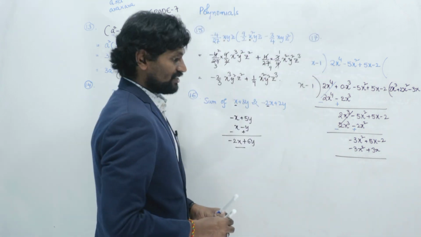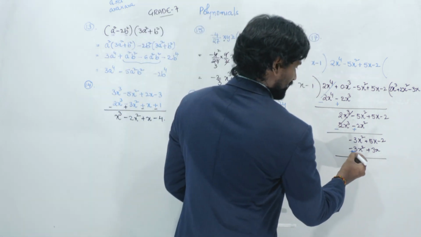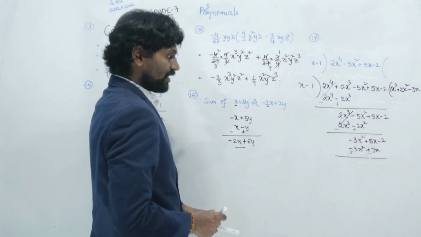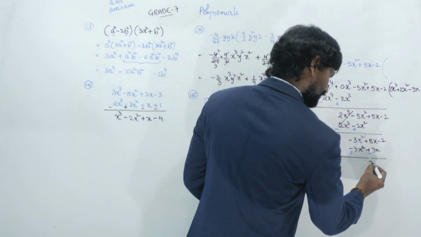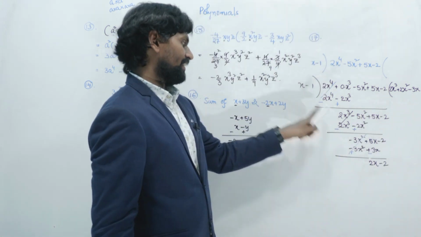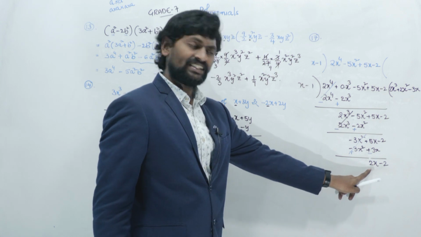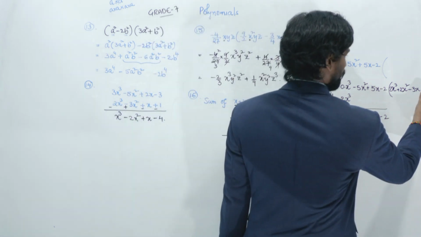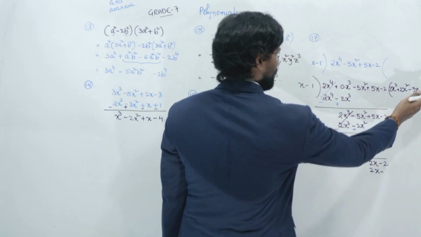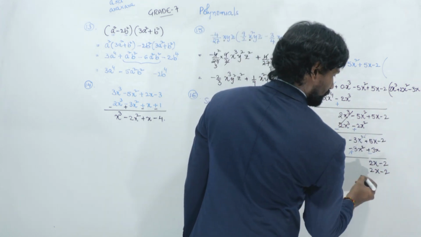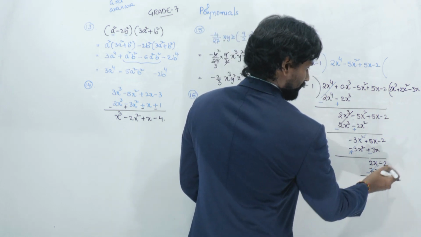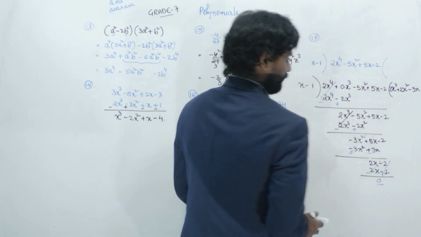Again change the symbols, minus becomes plus, plus becomes minus, cancel. 5 minus 3, opposite symbol subtraction, 2x. Last remaining term is 2. Just take 2. 2 into x, 2x, and 2 into minus 1 is minus 2. Again change the symbols, both cancel, answer is 0.